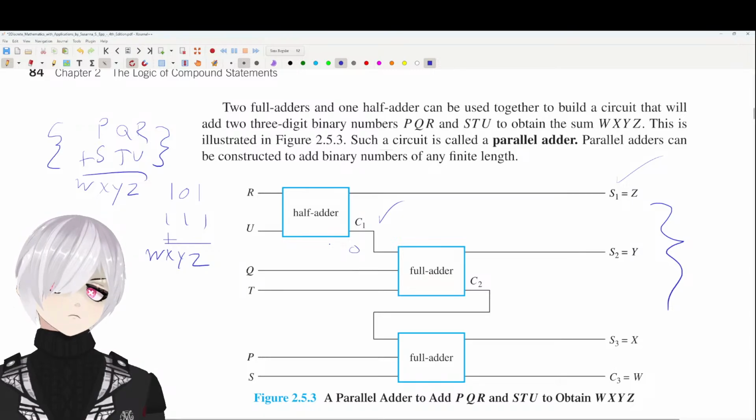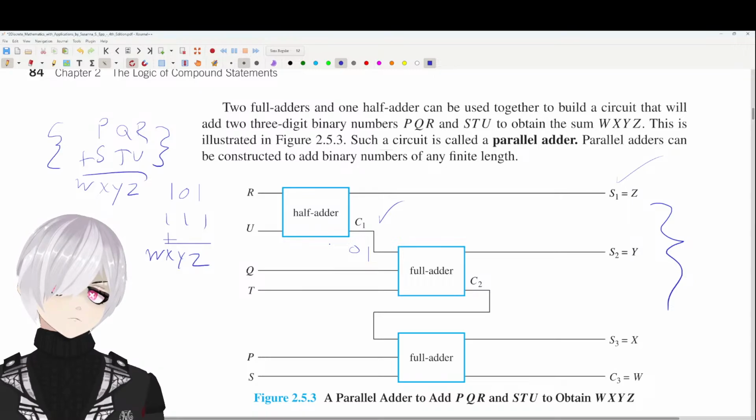And the one other possibility is that C1 Z could be 1 0, in which case you'd have to carry a 1, and then you would be doing 1 plus Q plus T. In other words, C1 plus Q plus T. So you would in fact be doing C1 plus Q plus T when you're doing the addition.